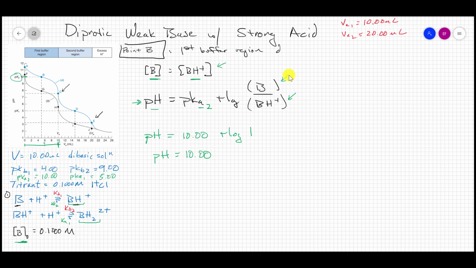And so you would end up with an expression. You could either do that as an ice table, or you could do it directly in the Henderson-Hasselbalch equation, where you'd have 0.100, and convert that to moles, and then subtract the moles of H+ that were added, and then here you would add the moles of H+ that were added, and that would be your new Henderson-Hasselbalch expression. So it becomes a pretty versatile tool anywhere in that first buffering region.